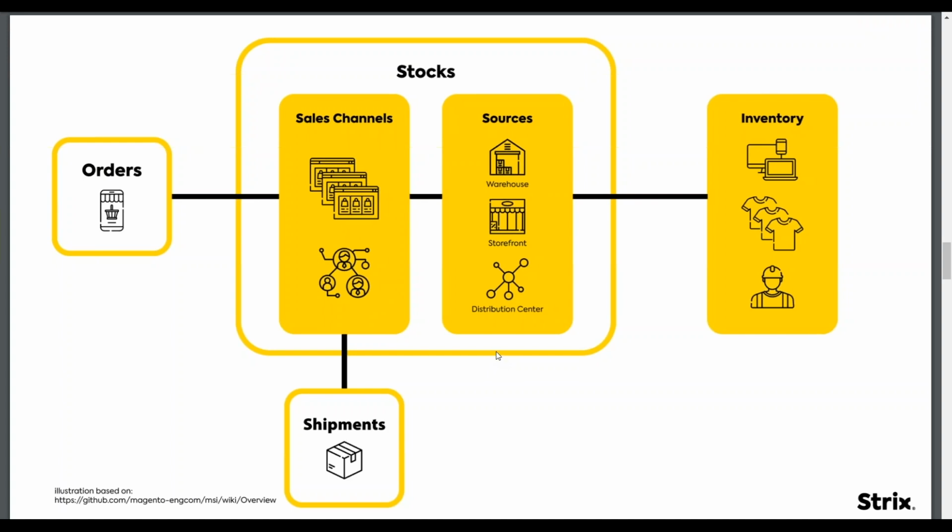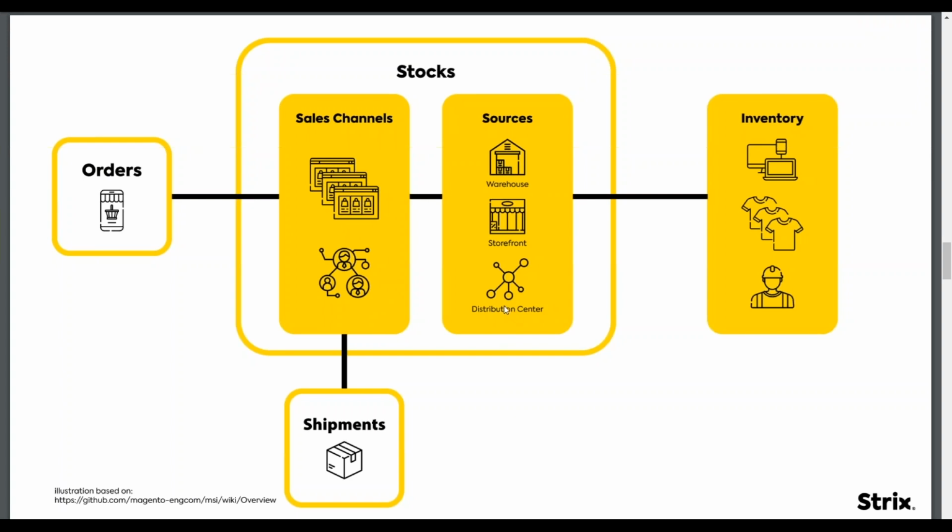It's the so-called stocks, and of course you can create as many stocks as you want and assign sources to those stocks. In those stocks, the magic happens, because from now quantity is calculated in an aggregated way.